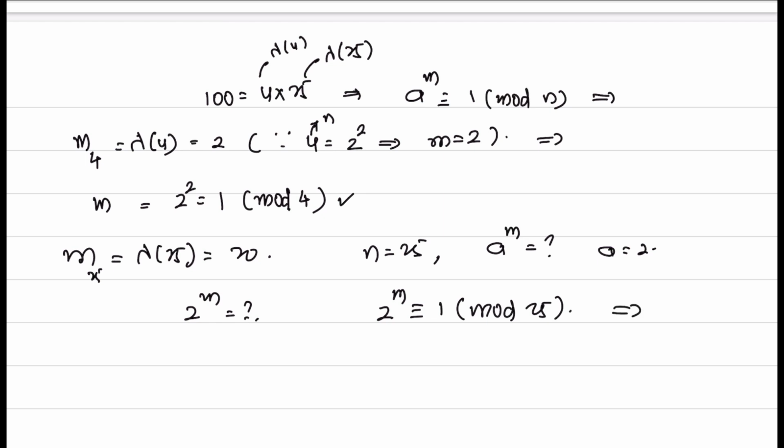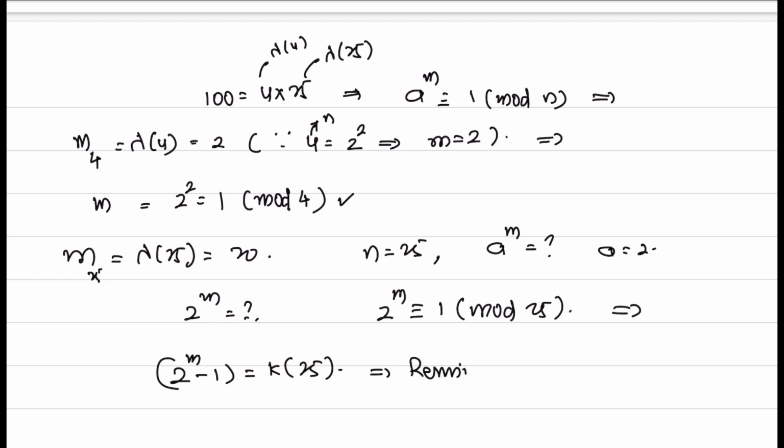That implies 2 to the power of m minus 1 is equal to some constant into 25. When 2 to the power of m is divided by 25, there should be a remainder of 1.